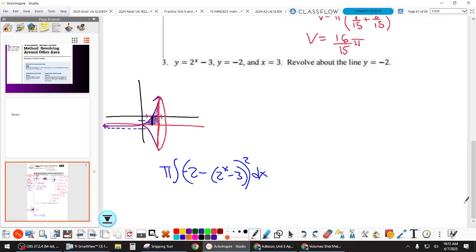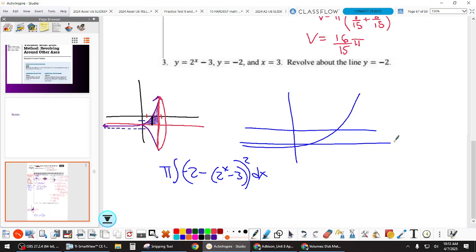And then up top, let's zoom in on that. So we're taking all of this area, getting rid of that, and then we're removing that area. I should have moved my 2 down over that, but we're removing that area. Oh, that makes more sense.